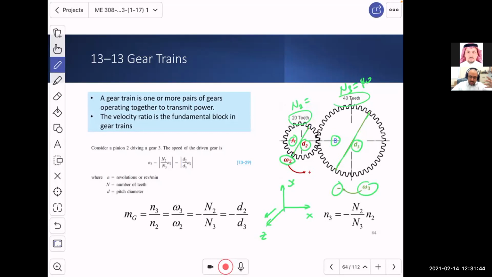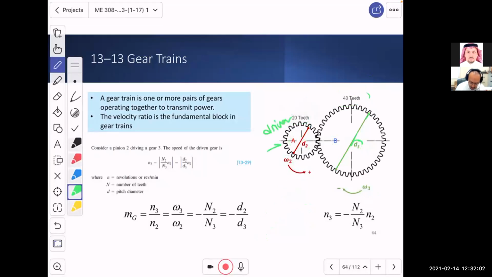Now, that sense of direction, if you want to put it in the equation, then if you recall that this is the driver and this is the driven, you want to know what happens to the driven.